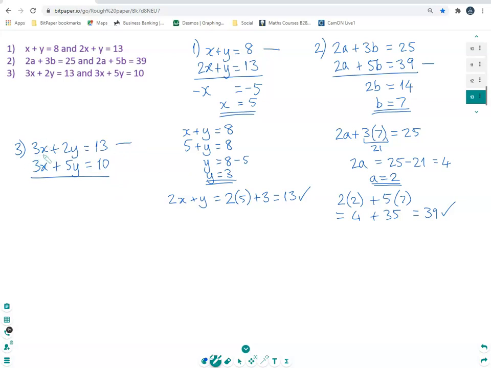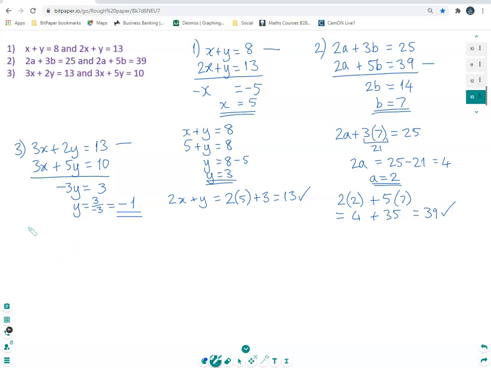We've got 3 x's on both, so they disappear. 3x minus 3x gives you 0. 2y minus 5y gives you negative 3y. And 13 minus 10 gives you positive 3. So if negative 3y is 3, then y must be 3 divided by negative 3, which is negative 1.